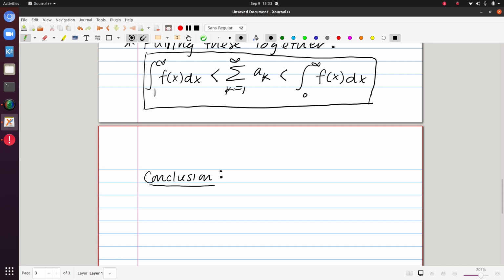So for one thing, if we know that the integral from 1 to infinity of f of x diverges, note from the boxed inequality above that that provides a lower bound, that diverging integral, for our sum. So that automatically is going to mean that the sum of a sub k from 1 also diverges.